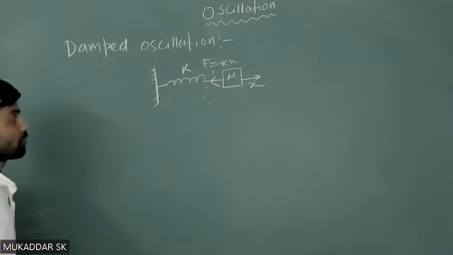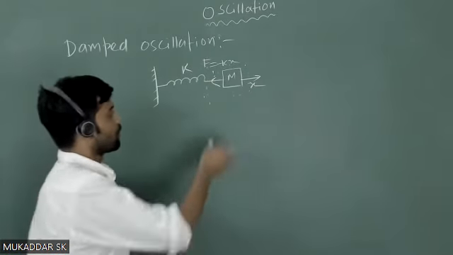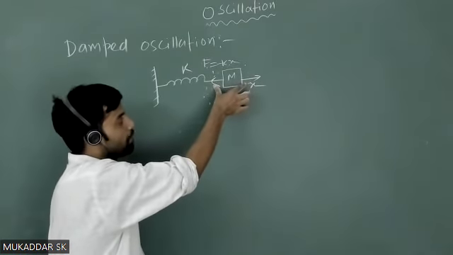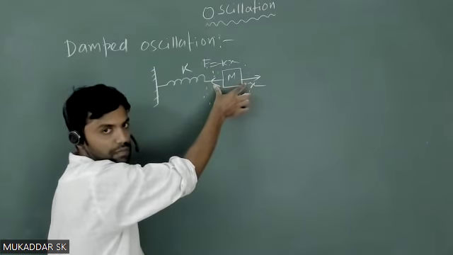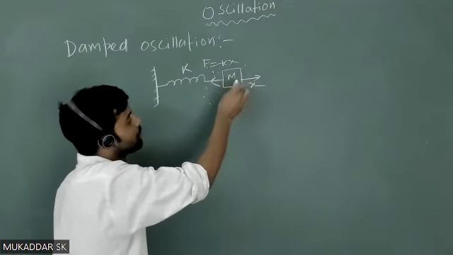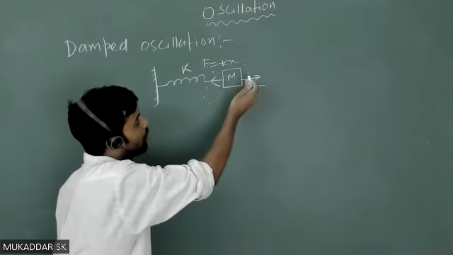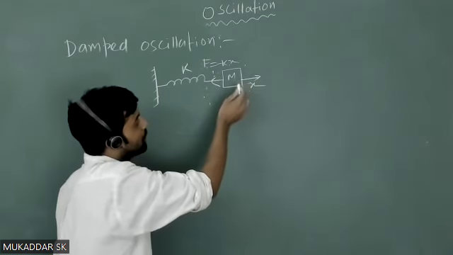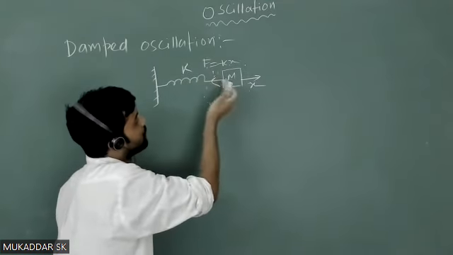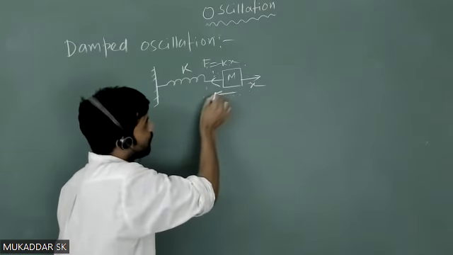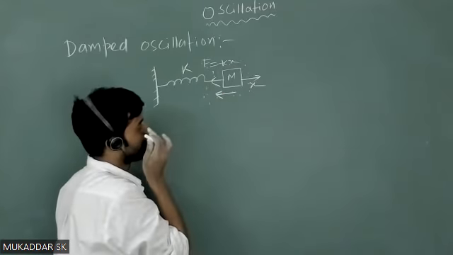there will be a drag force also, because whenever you have some medium, if you displace this block, there will be a friction force, because you have molecules. If you displace, the molecules will oppose the displacement. Due to the resistance of this medium, the drag force will act opposite to the motion.